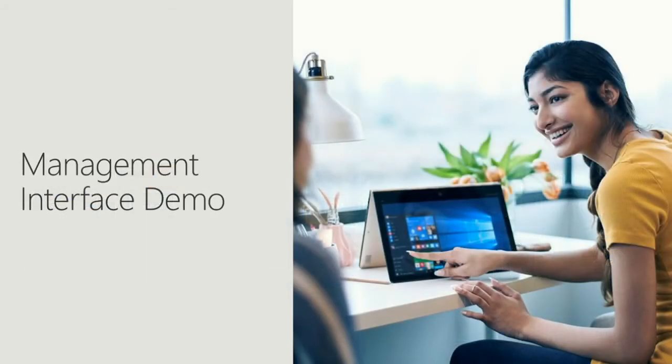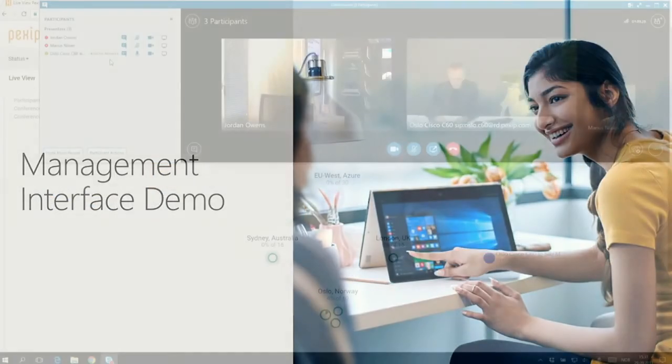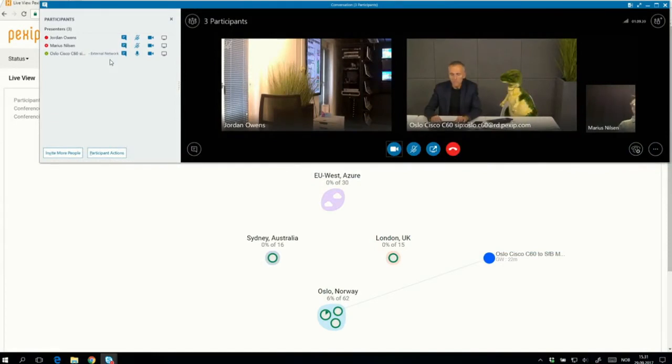So I'll switch over to my other computer, and here we have a Skype for Business meeting. There is currently myself and one other Skype participant, and a participant from a Cisco VTC endpoint present in this call. And you can see he's represented with his own roster list entry.